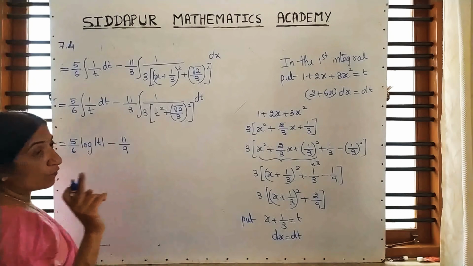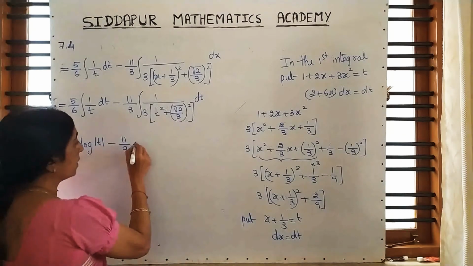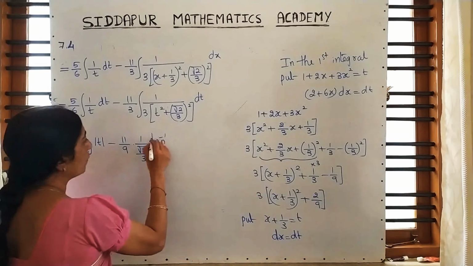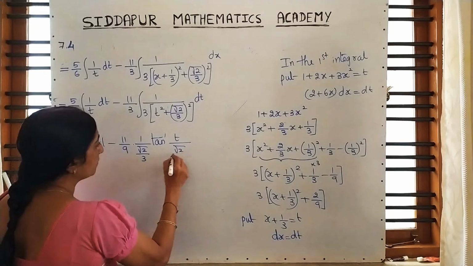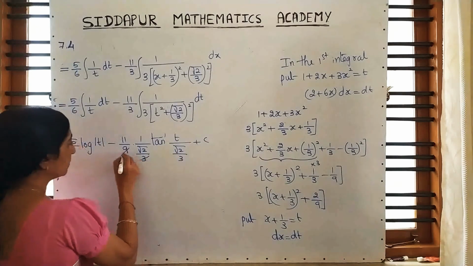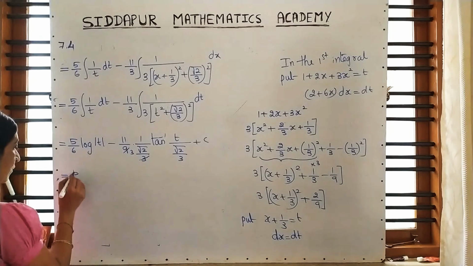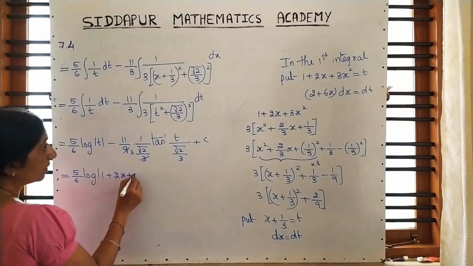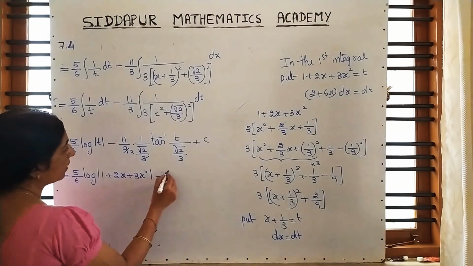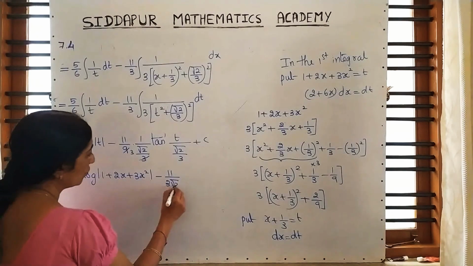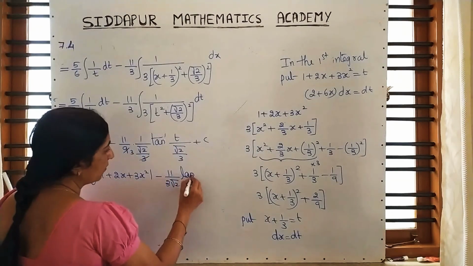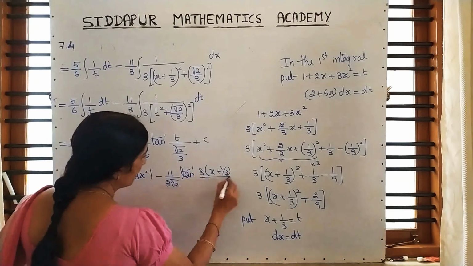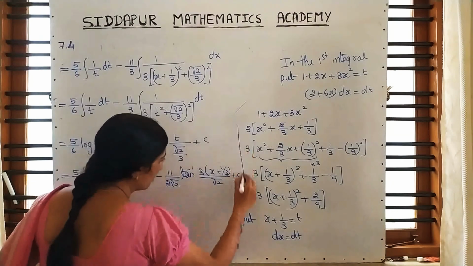It is in the form of 1 upon a square plus x square, that is 1 by a tan inverse of x by a, x is t. This is 5 upon 6 log of 1 plus 2x plus 3x square minus 11 by 3 root 2. 3 goes up, tan inverse 3t. T value is x plus 1 by 3 upon root 2 by 3, plus c.